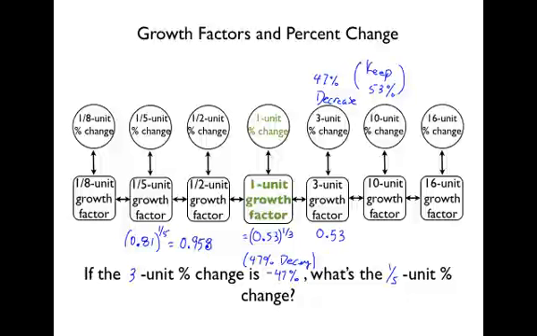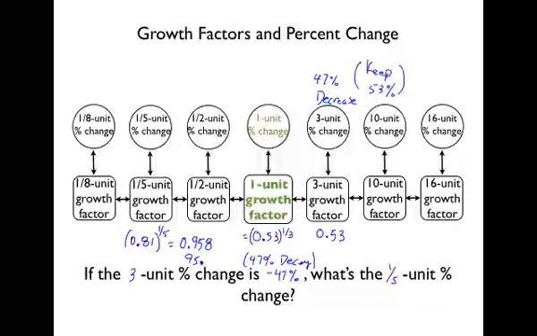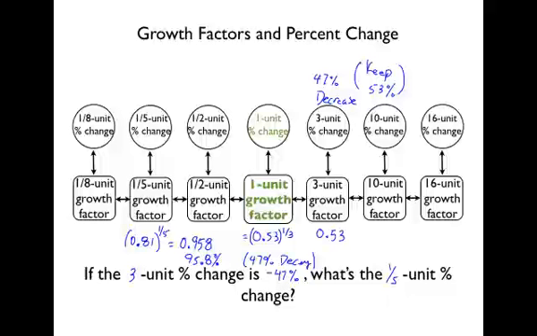Christian, you're up. So that we get this 1/5 unit growth factor 0.958. How do I get the 1/5 unit percent change? Okay, so that's like 95.8%, and you're saying you want to get the other percent? Yeah. So what would it be?